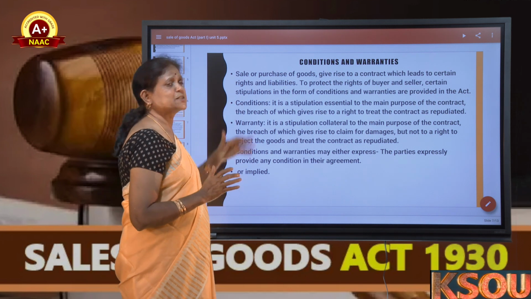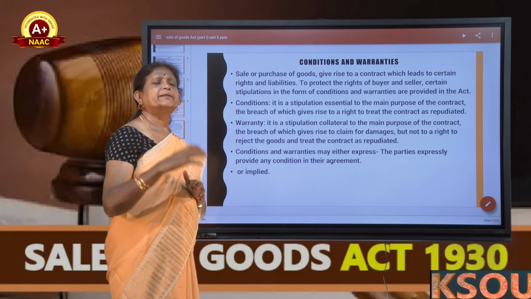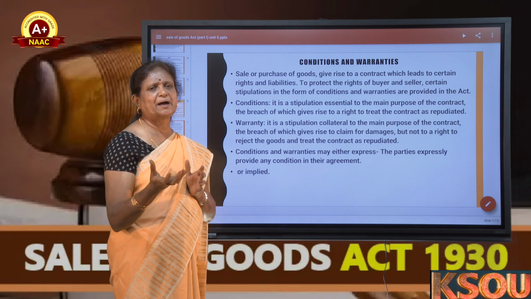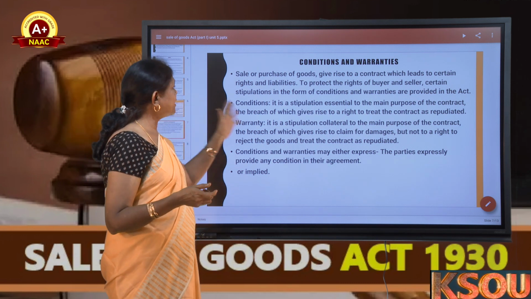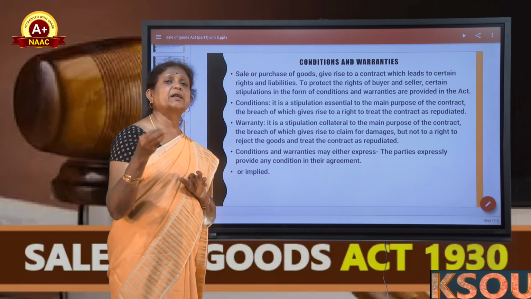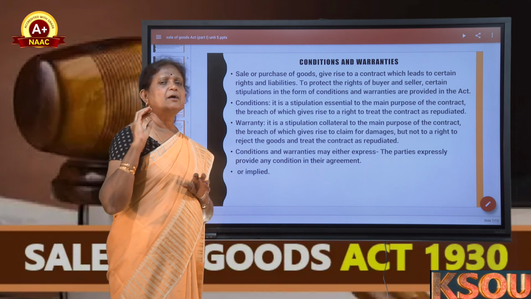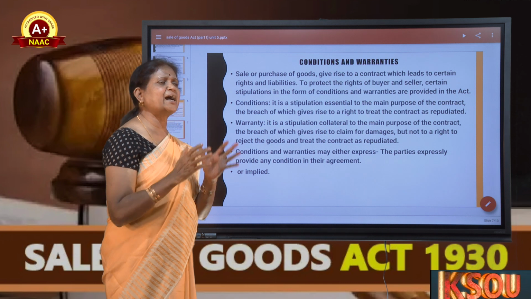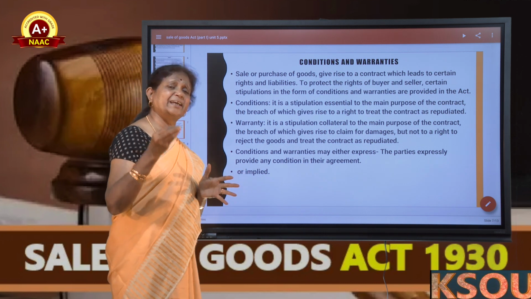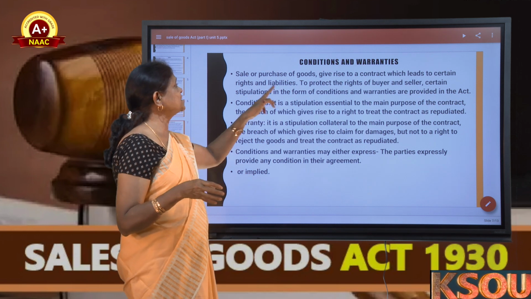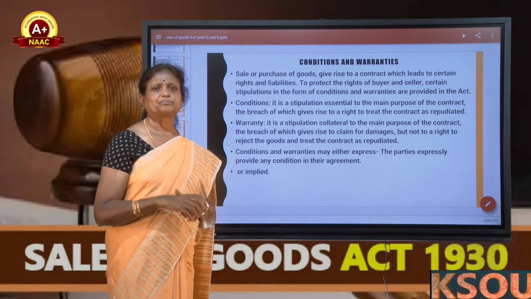If it is an express condition, the contract may be entered into by the parties by making an external agreement. But there are some conditions which are implied. That means it is not necessary for the seller or the buyer to do any act, but the contract includes in itself some of the conditions and warranties.